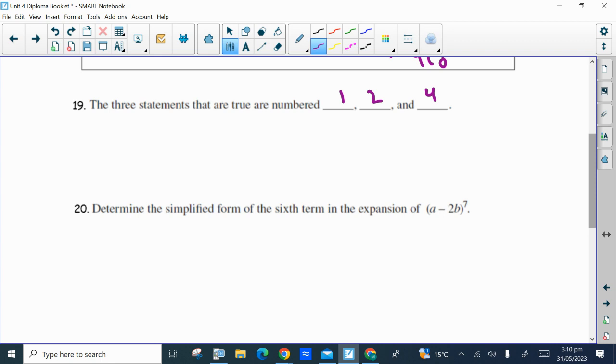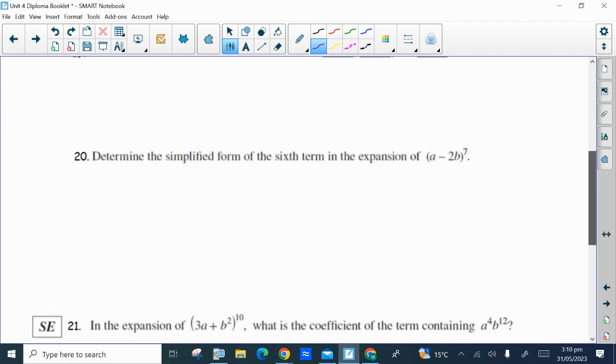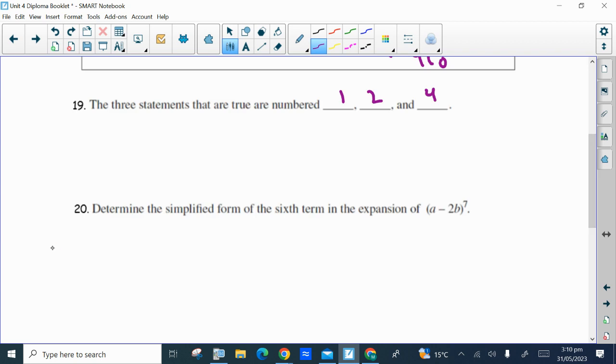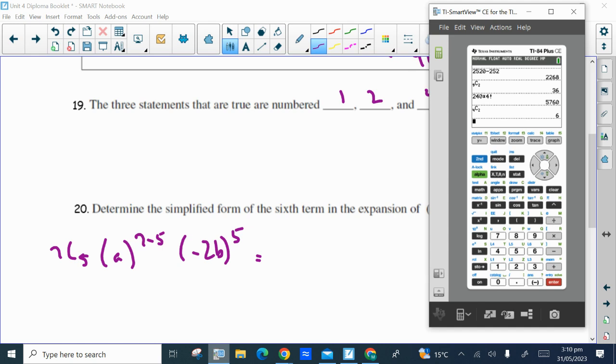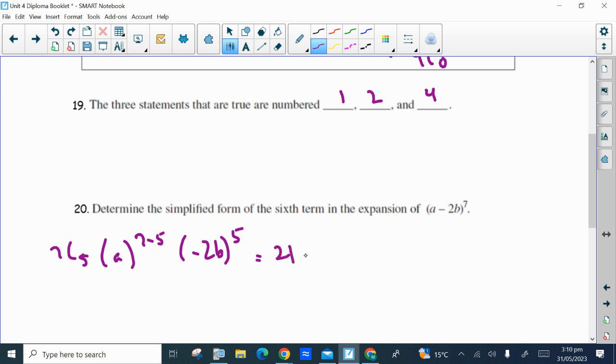Number 20. You want to determine the simplified form of the sixth term. Remember, k is always 1 less than the term number, so in this case, k would need to be 5. It would be 7C5 a to the 7 minus 5 times negative 2b to the power 5. 7C5 is 21, a squared, negative 2 to the 5th is negative 32b to the 5th.